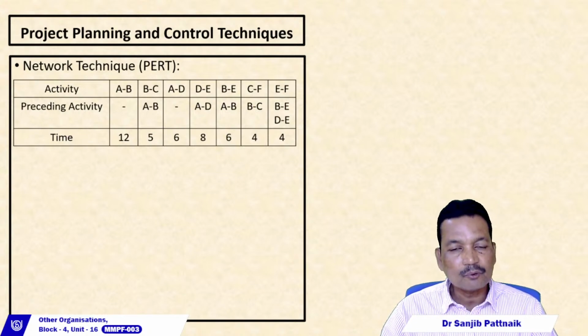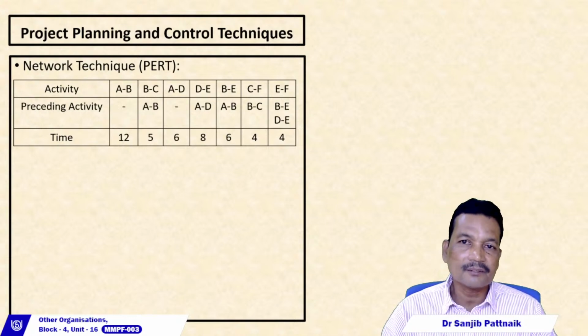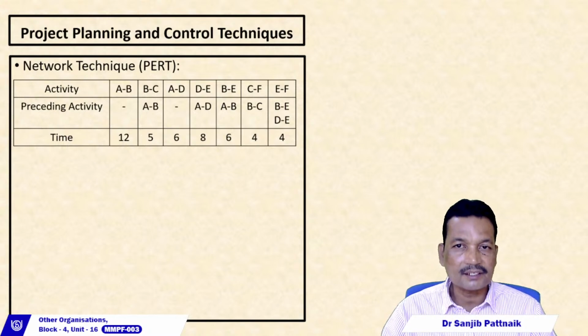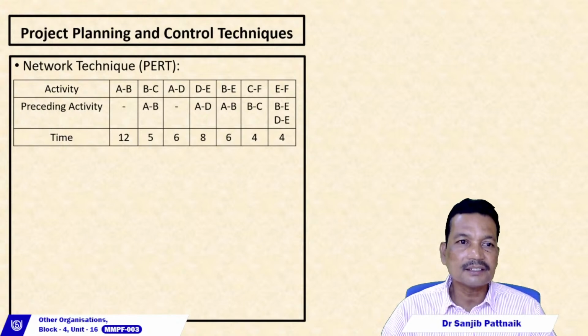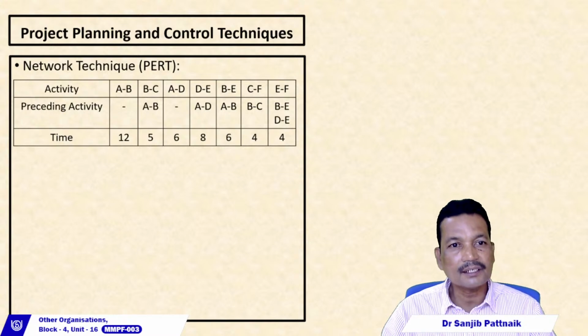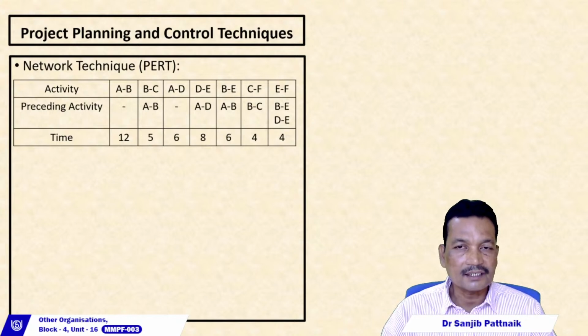In this unit, we have discussed what a project is, the various characteristics of a project, and the various techniques for planning and control of projects, like Gantt chart and various kinds of ratios. One of the most important ones we shall be discussing is the network technique, particularly the program evaluation and review technique, that is PERT.